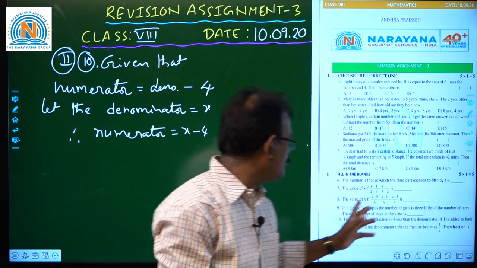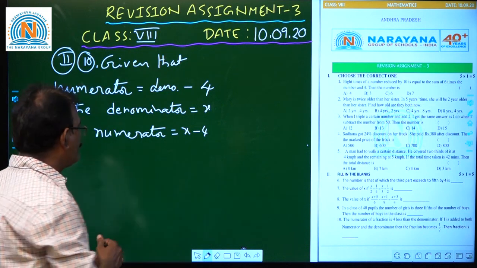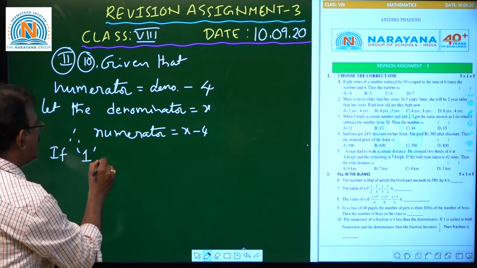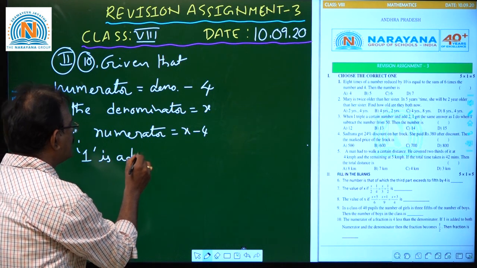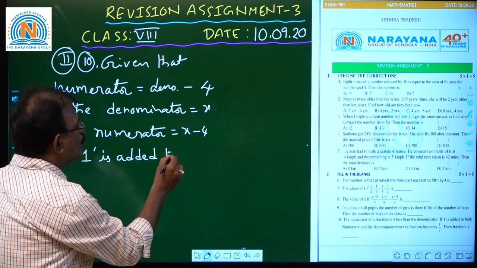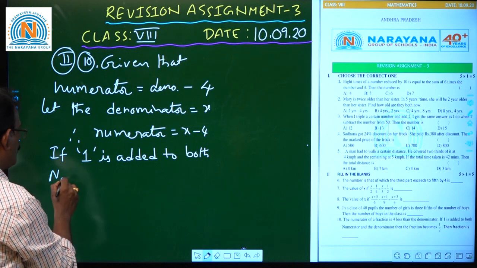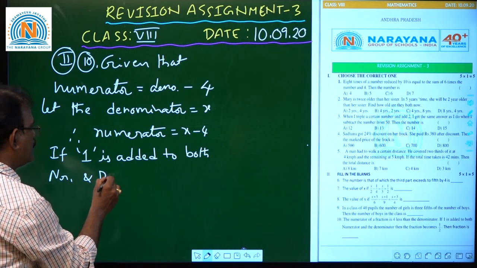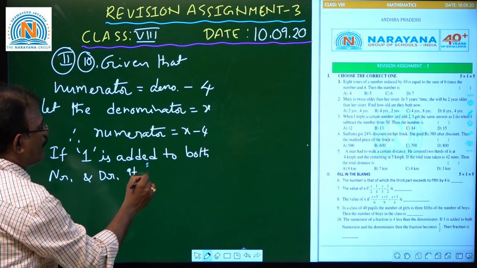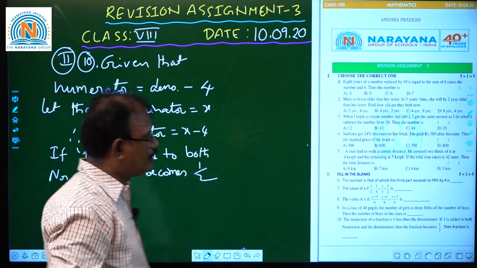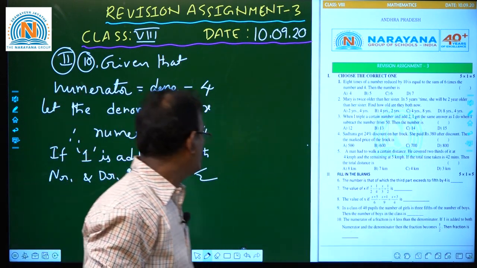If 1 is added to both numerator and denominator, the fraction becomes 1 by 2.